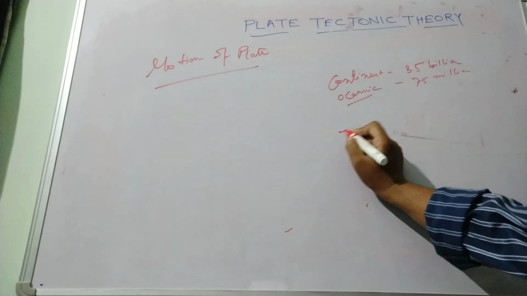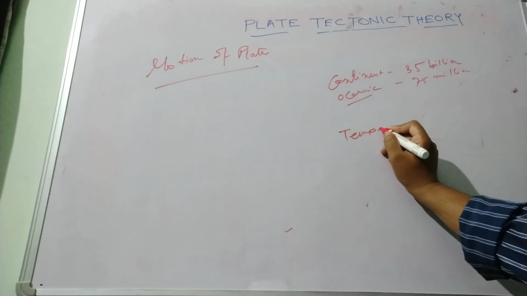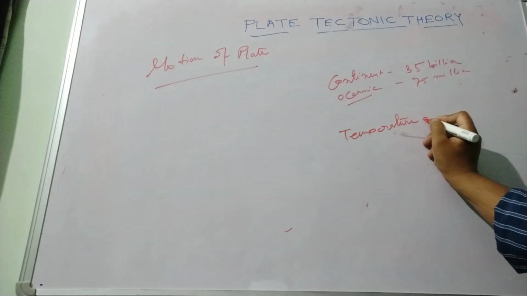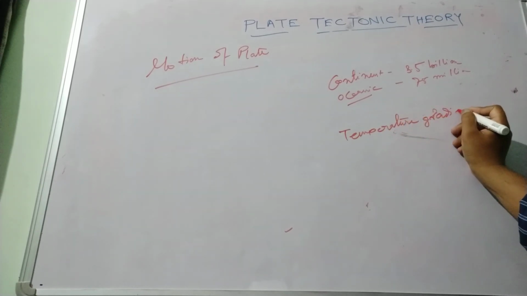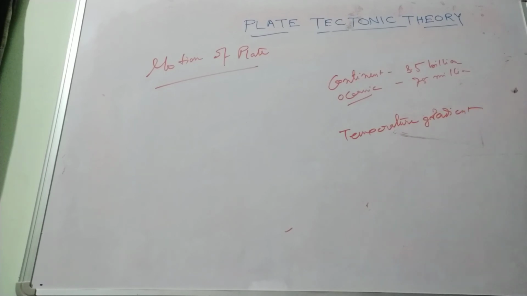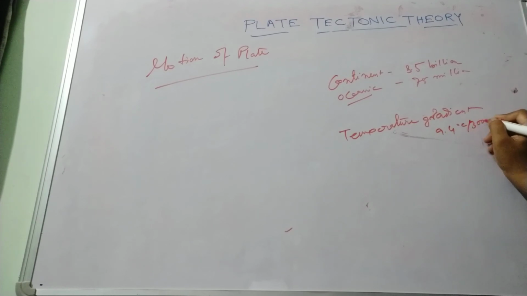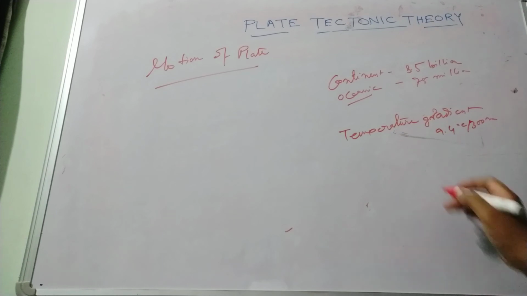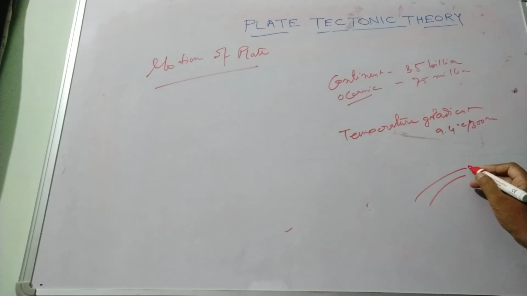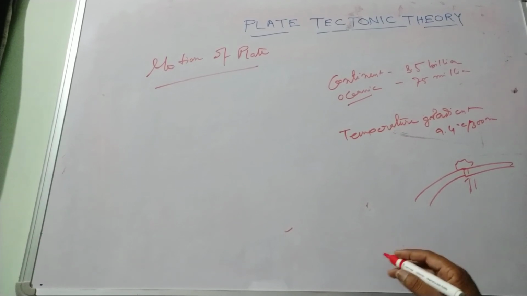Second, temperature gradient. The normal temperature gradient on the ocean floor is 9.4 degrees centigrade per 300 meters, but near the ridges it becomes higher, and the plate boundary regions are mostly affected by earthquake and volcanic disturbances.